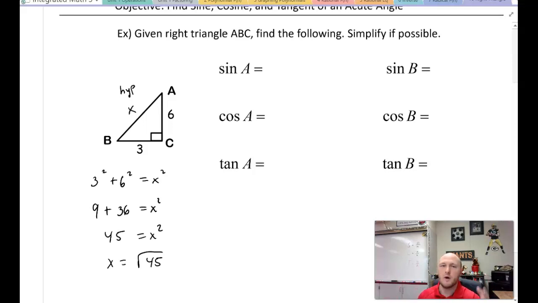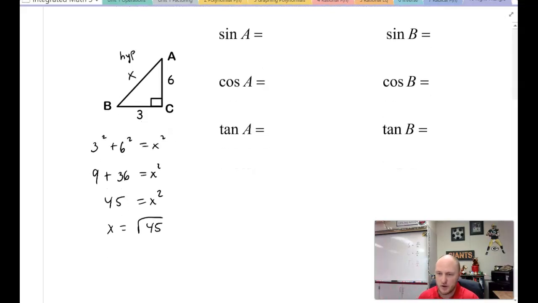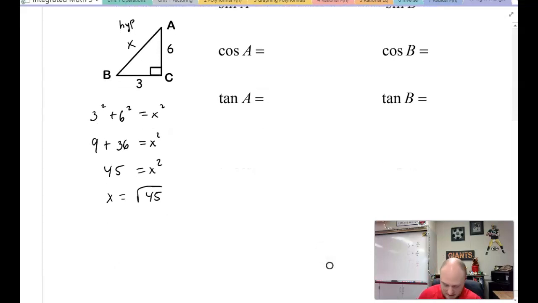Now, I want to simplify square root of 45. I can break that down. 45 does have a perfect square in it. That's 9 times 5. So I'm taking out this factorization because it's a perfect square. I can break it down.